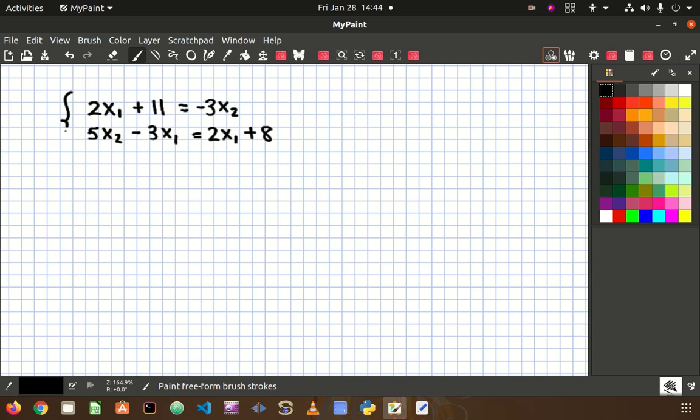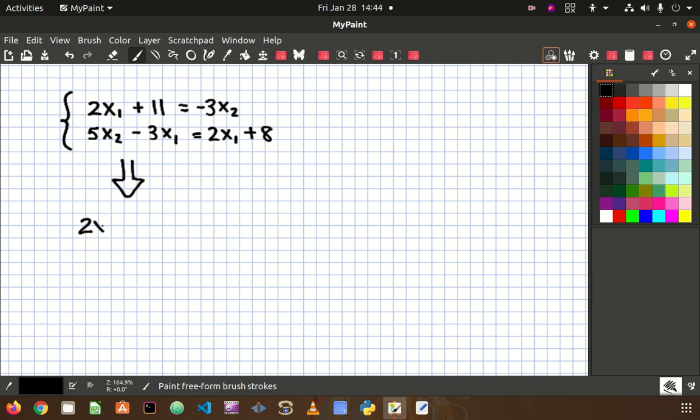Now, this is a system of linear equations that's not in doubt, but there's some work that has to be done here before we can augment it, because we have to have all our ducks in a row. We've got to have our variables according to subscript in some kind of increasing order. We have to have all our constants on the right-hand side of the equation. So in the first equation here, I would add 3x2 to both sides, and I would subtract 11 from both sides. So a little bit of footwork needs to be done here.